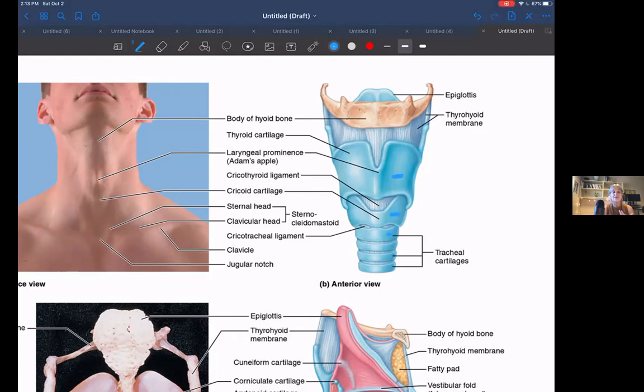So we can feel the laryngeal prominence, which is just part of that thyroid cartilage. Why is it called the thyroid cartilage? That's because it kind of sits where the thyroid gland sits. So the thyroid gland is in your neck region underneath this structure.